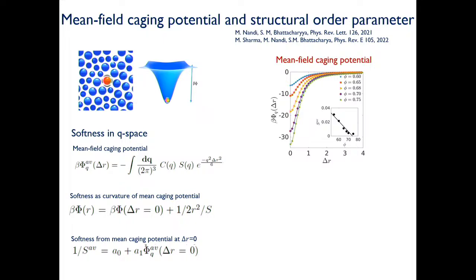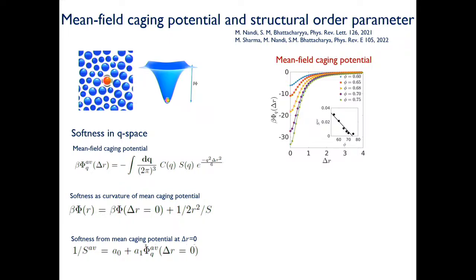Based on the structure factor, one can derive the effective potential in the system as a function of density of colloidal particles. You can see nicely that when the density is low, the effective potential is shallow, and as you make the colloidal density higher and higher, the effective potential becomes deeper and deeper.